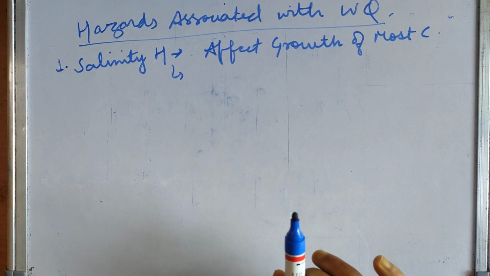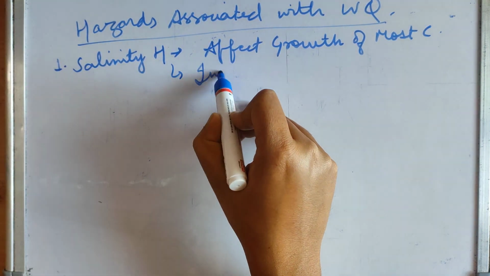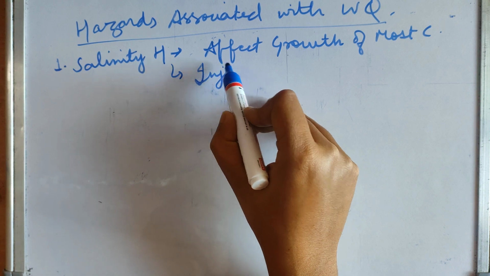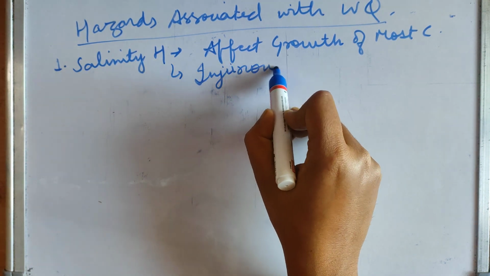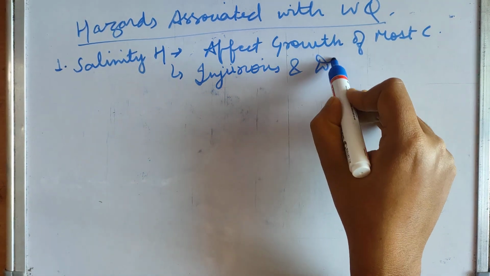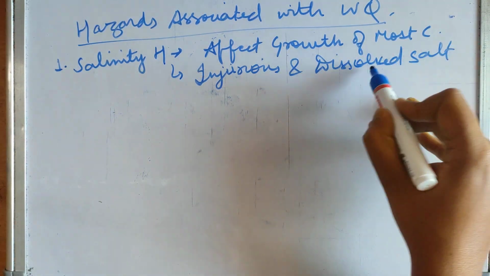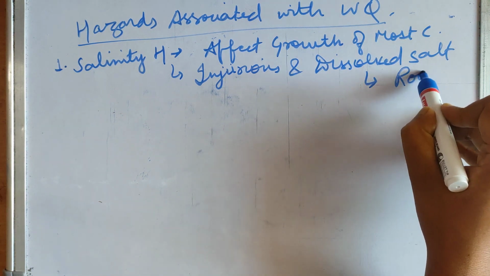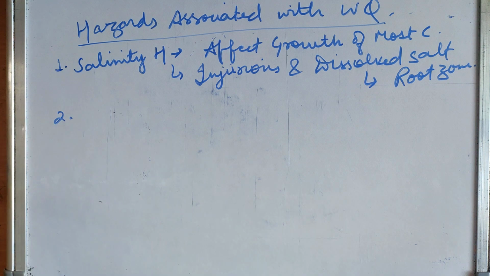Injurious and dissolved salt are accumulated at root zone, which is very harmful for plant.